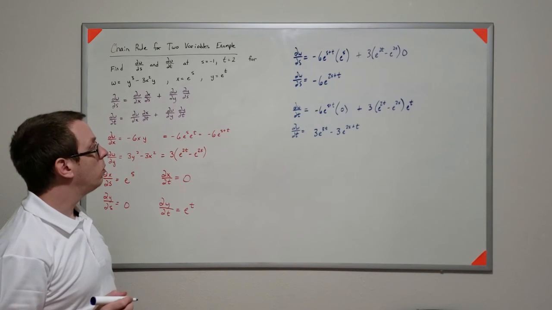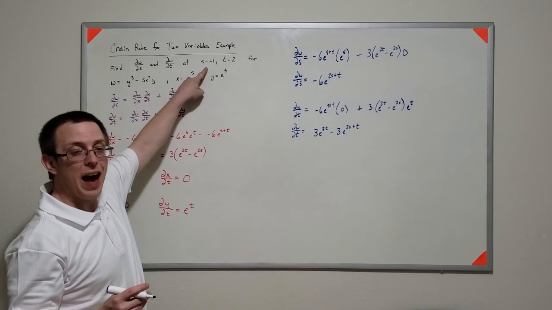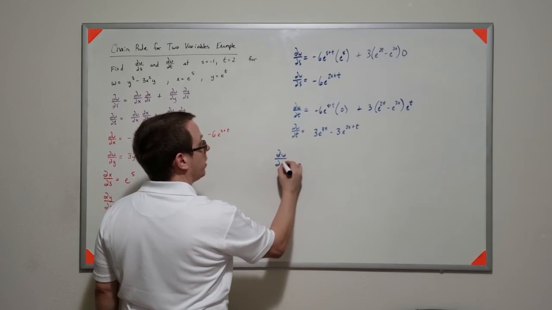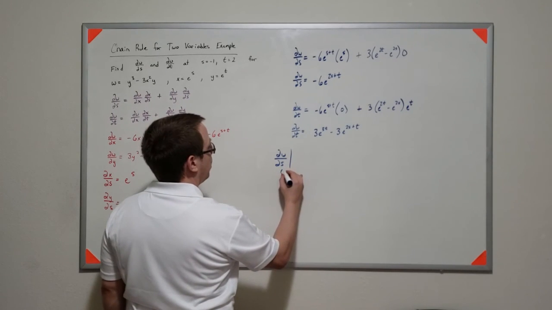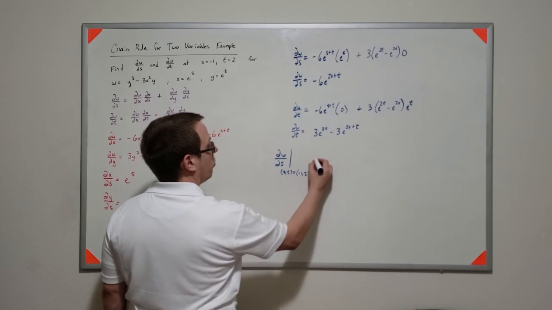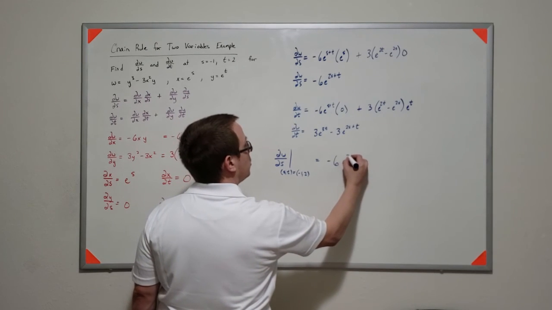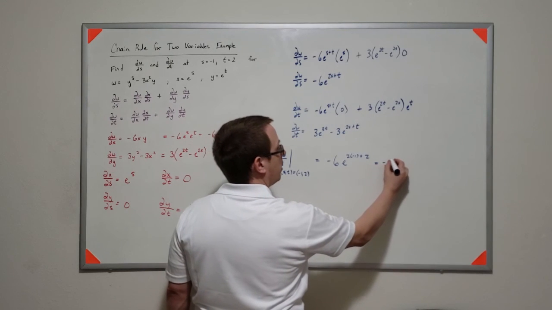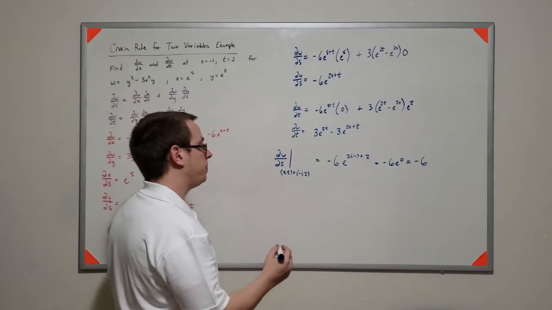In doing so, we need to find the values at these points. So we need to find the partial with respect to s at the values of s and t are -1 and 2. So then it's -6 e to the 2 times -1 plus 2. So -6 e to the 0, which is just -6.